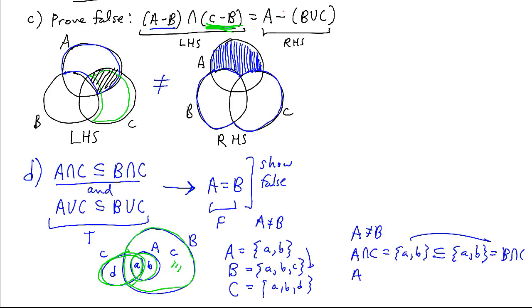A union C is equal to {a, b, d}, and I want that to be a subset of B union C. B union C is {a, b, c, d}.